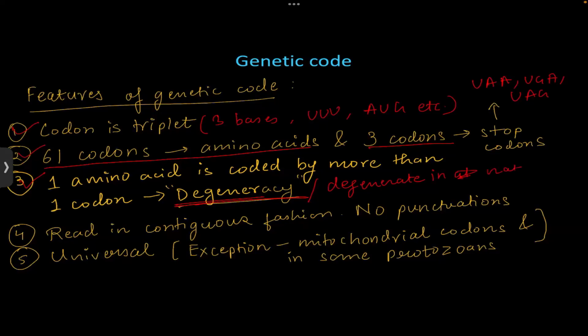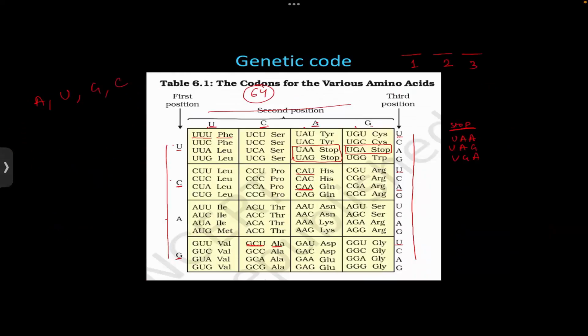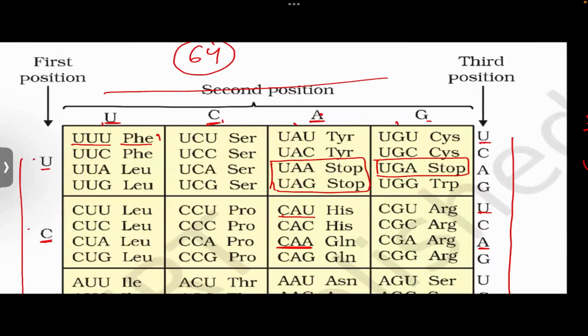Remember the term degeneracy or degenerate. Okay. So degeneracy or degenerate means that one amino acid can be coded by more than one codon. So here in this table, you will see that phenylalanine, PHE, is coded by 2 codons, right?